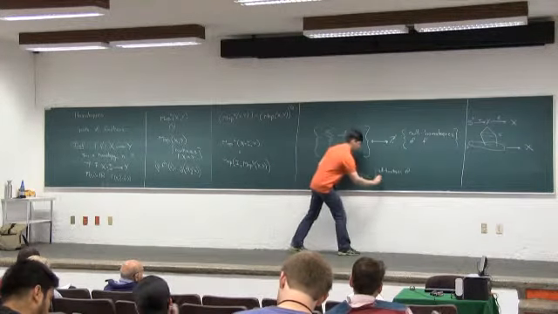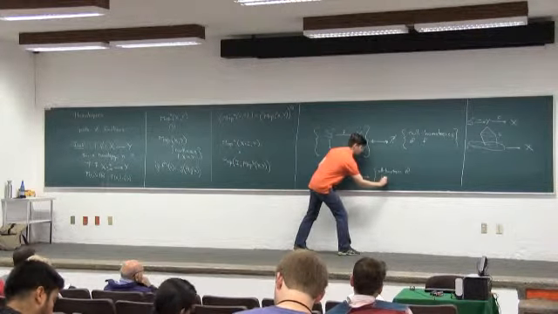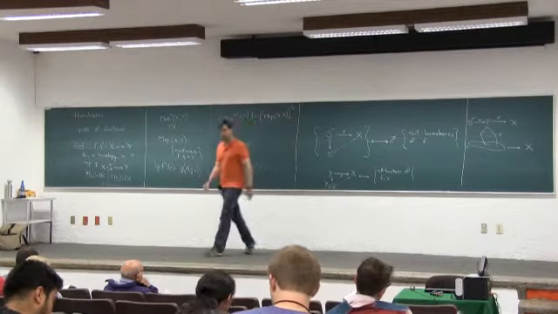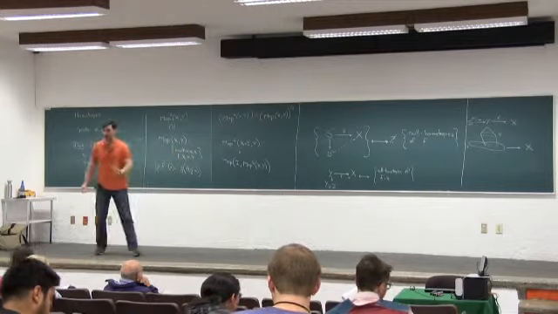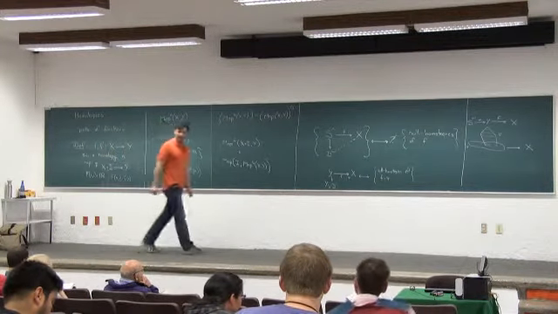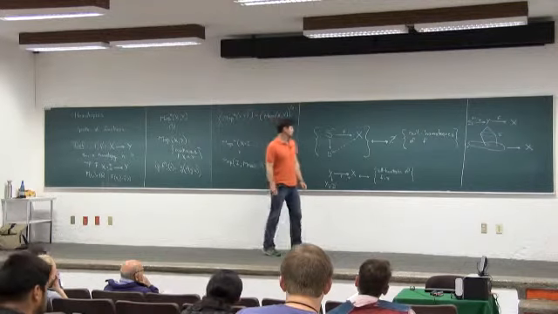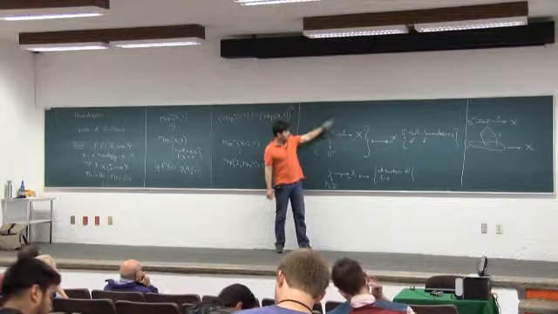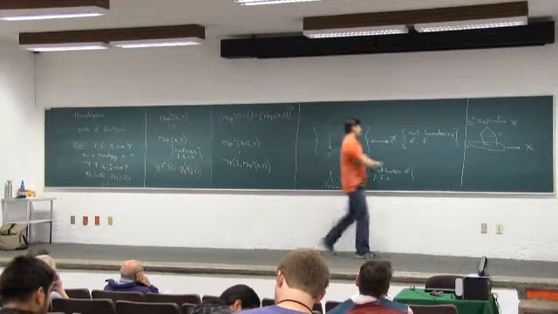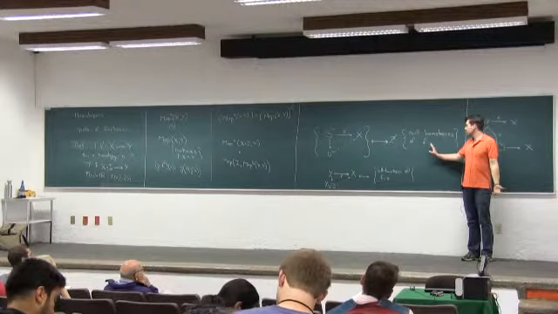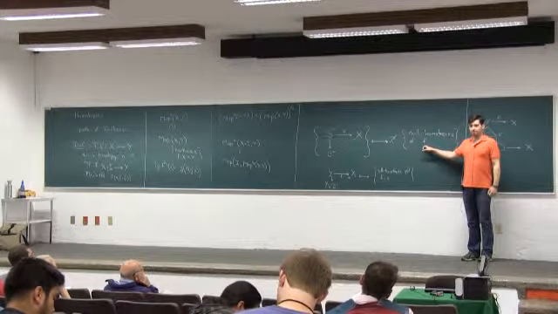Of f composed with pi. So this is the heart of all of obstruction theory: I know that I have an extension. In other words, I can ask myself, does there exist an extension? Is this set non-empty? And this set is non-empty if and only if f is null homotopic.